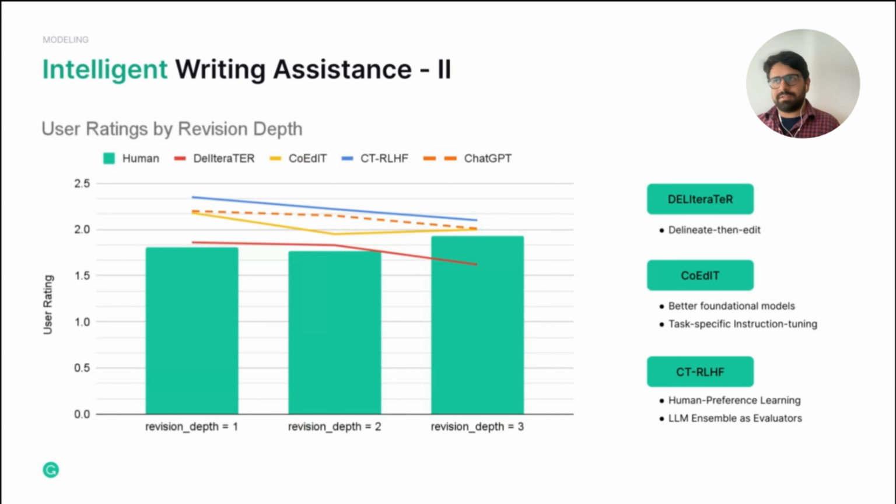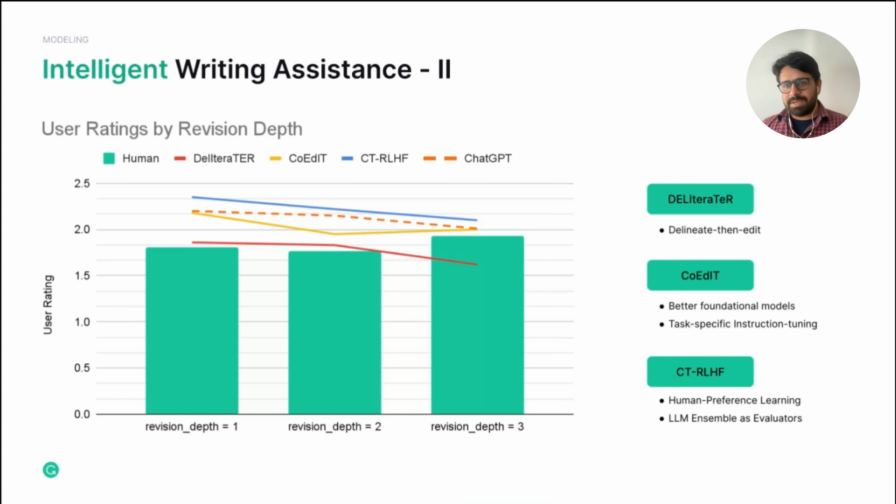Secondly, we also conducted qualitative human evaluations, by asking qualified users to use our system for iterative text revision using different models at the back end. And what we found was that in terms of human evaluations, the ratings were in line with the automated metrics that I just shared in the previous slide, where CTRLHF did better than Coedit, which did better than Deliterator.